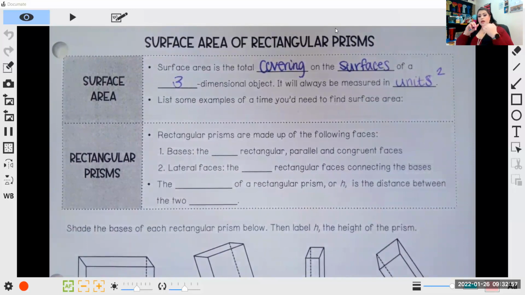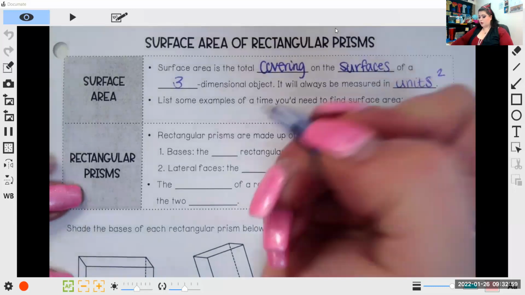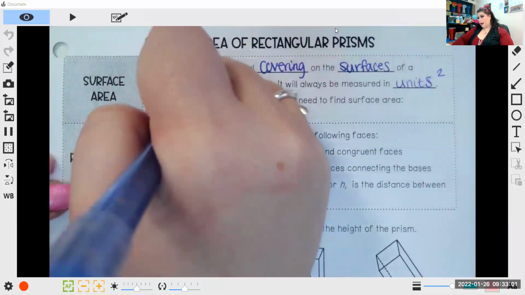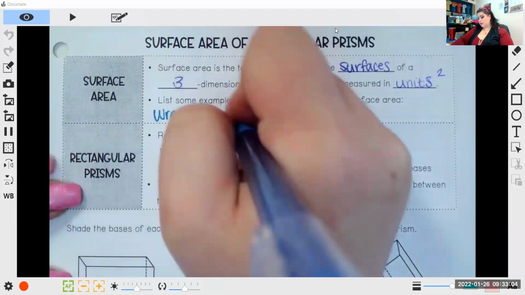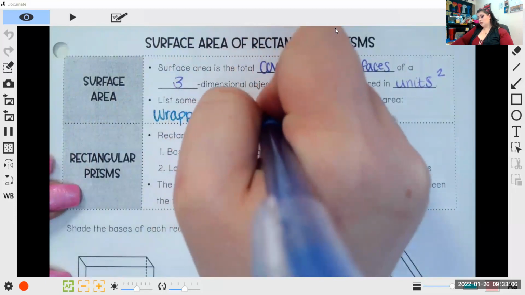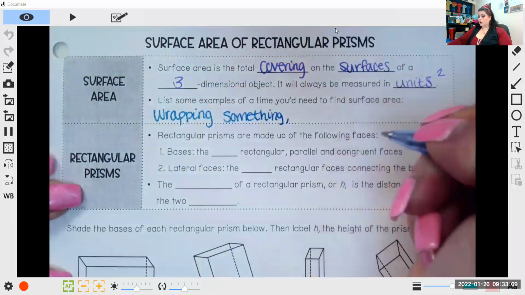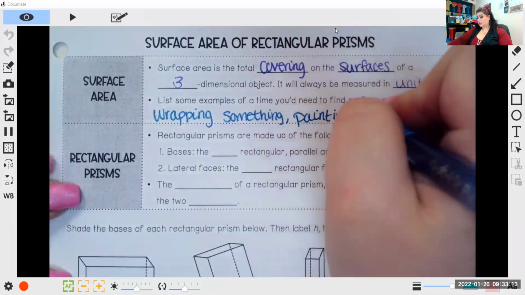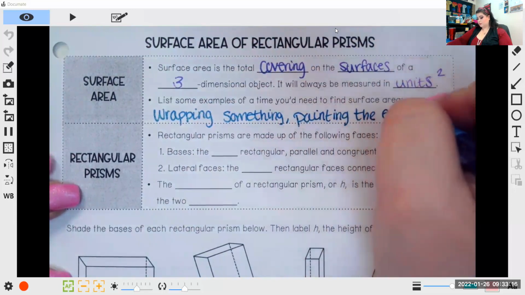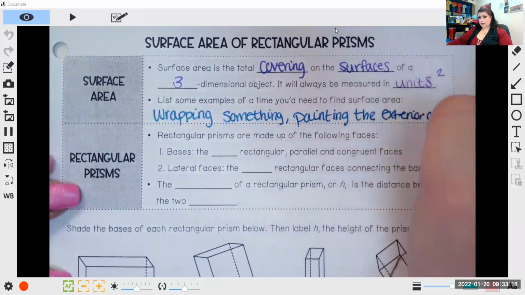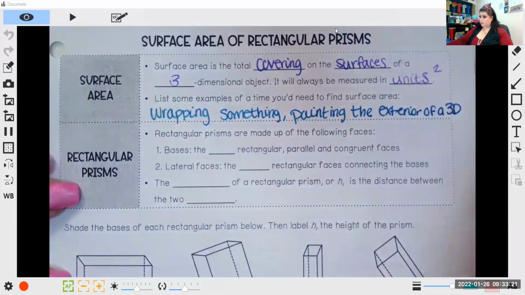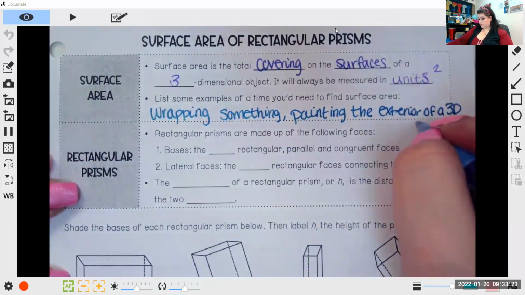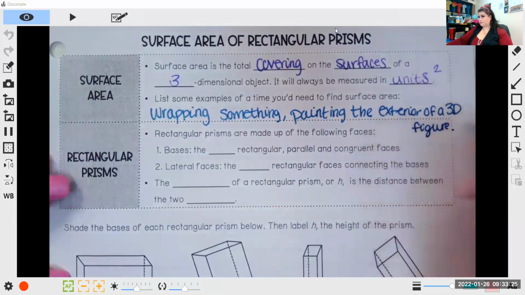Some examples that I've come up with are wrapping something like a gift, or painting the exterior of a 3D figure, right? So there's some examples that I thought of.